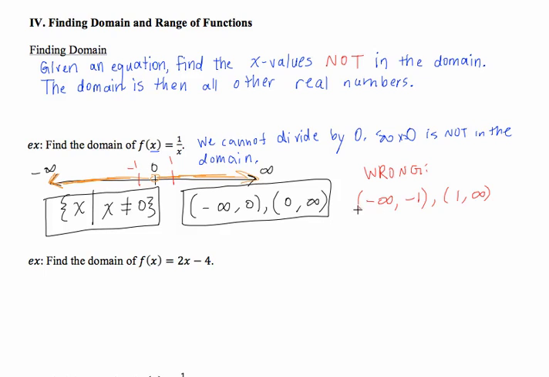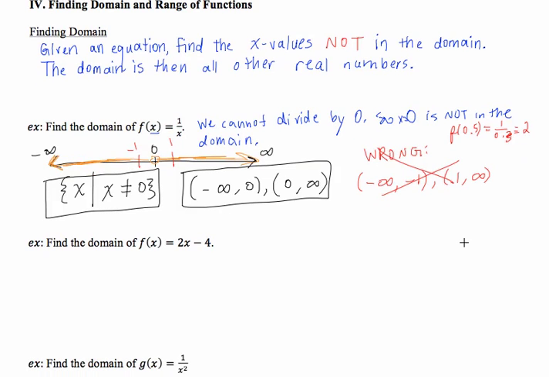You know, 0.5 is in the domain because you can plug in 0.5, right? F of 0.5 is 1 divided by 0.5, and you get a number, you get 2. Okay, so that is in the domain. However, this does not include 0.5, so you've forgotten some decimal numbers. So you have to remember x is a real number, so it can be fractions or decimals as well.